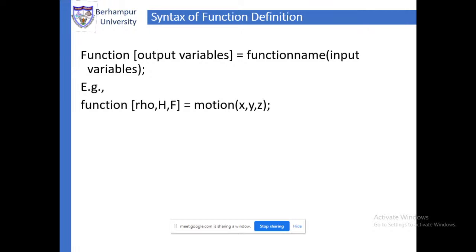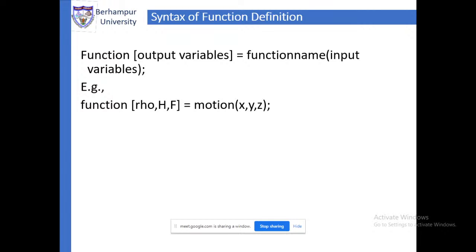Now let us see an example in terms of MATLAB. So this is an example function [rho, h, f]. Three output variables will come out from this function. This is called motion.